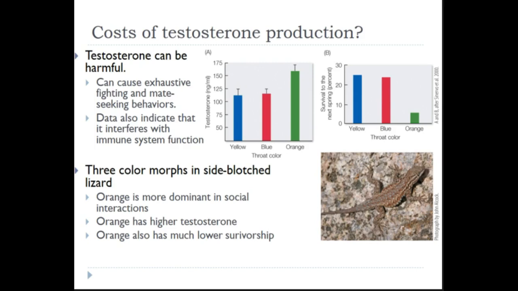So if you look at inflammatory responses, for example, how much you swell after you get an immune challenge, individuals with high testosterone tend to not have as strong an immune system. They don't have as strong an inflammatory response. And that also can result in lower survivorship because you just don't have the ability to combat diseases or challenges with your immune system.